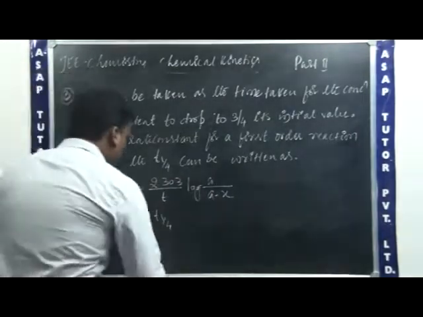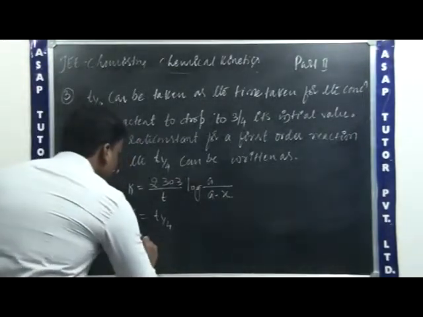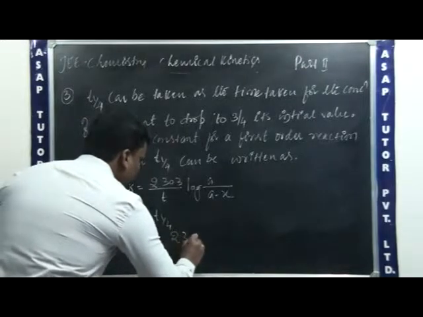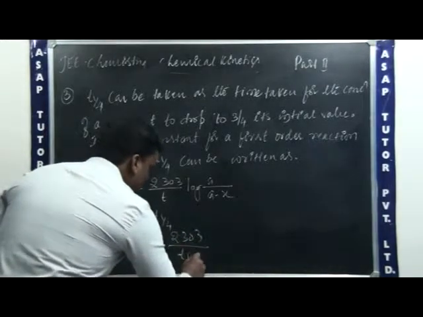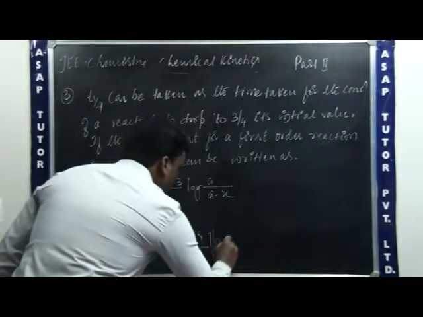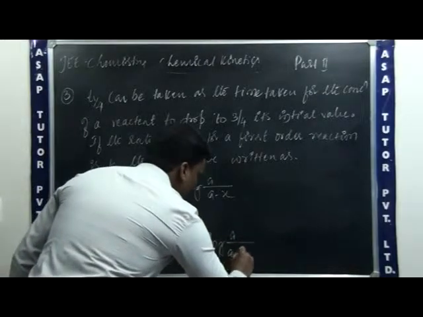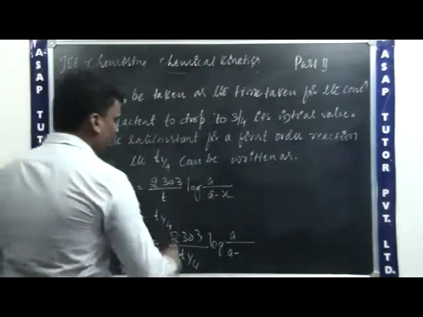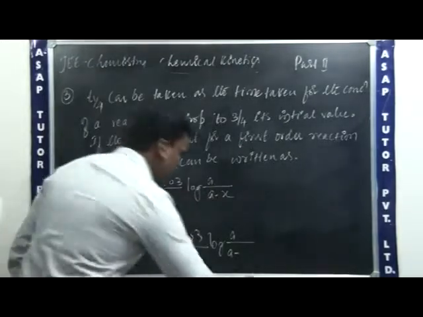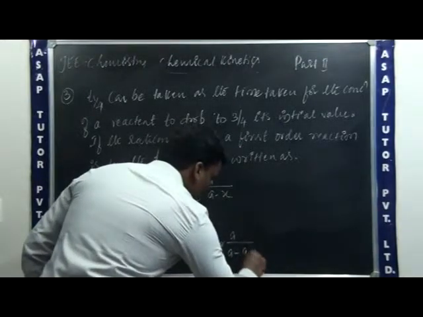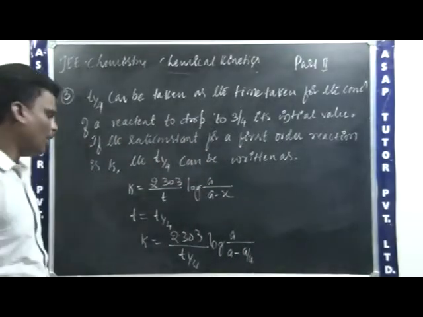I will give the values now. K is equal to 2.303 divided by T 1 by 4 log of A divided by A minus X, which becomes 1 by 4, right? So A divided by 4 you can write.